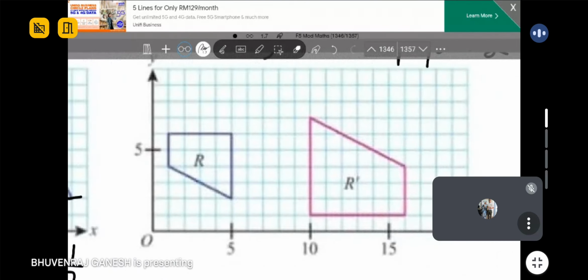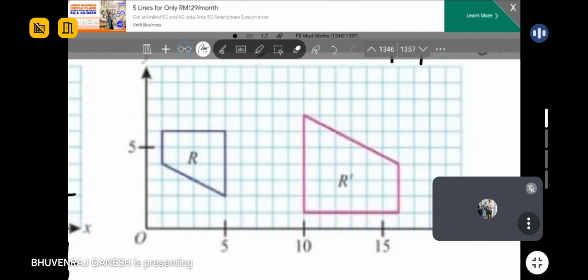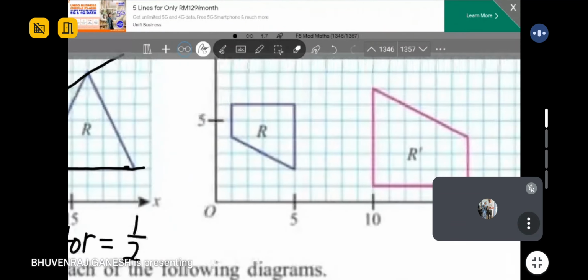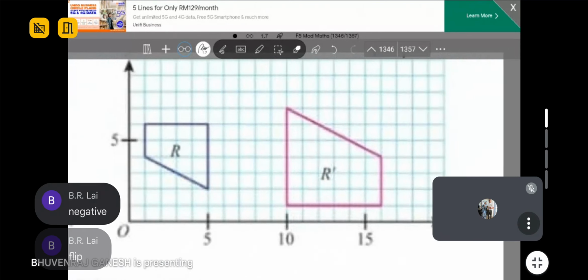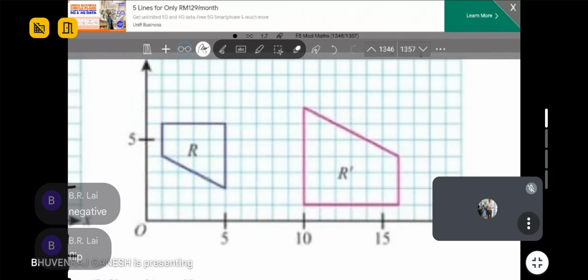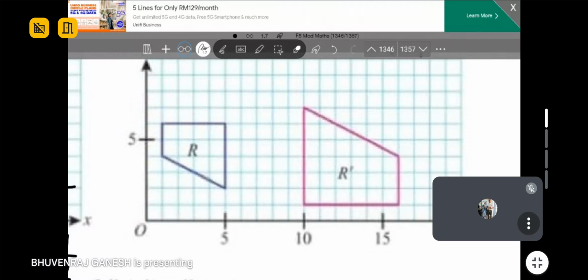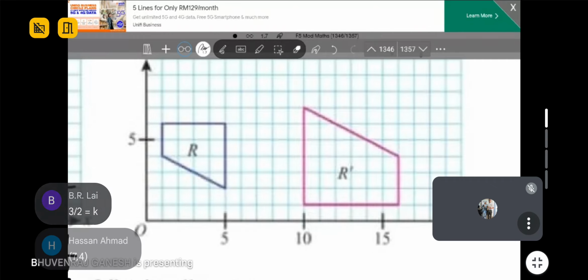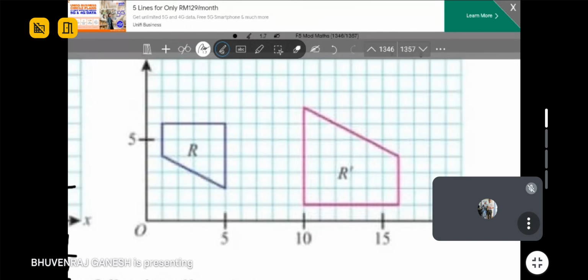Okay, guys. This question is a bit special. Can you all tell first where the center is? You must imagine, guys. The rest? Do you all get the center? Okay.